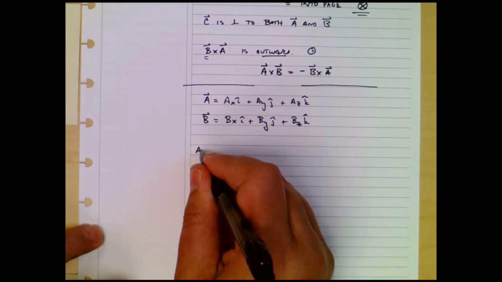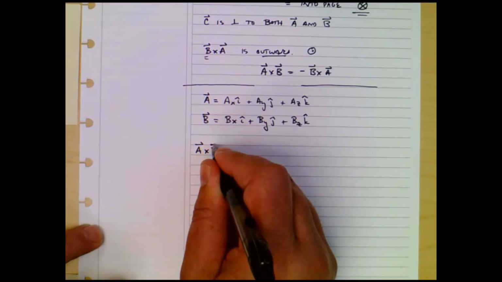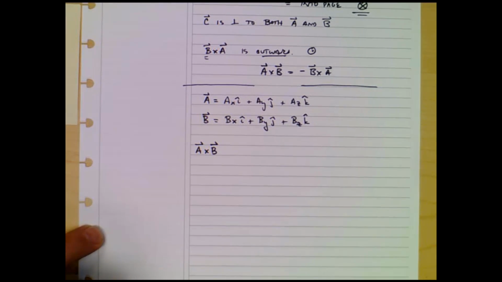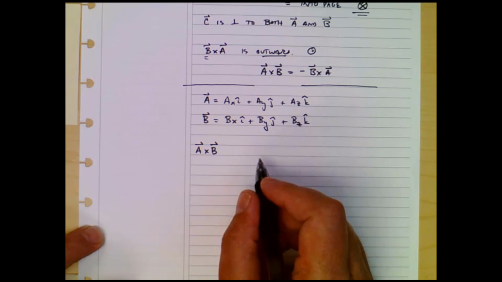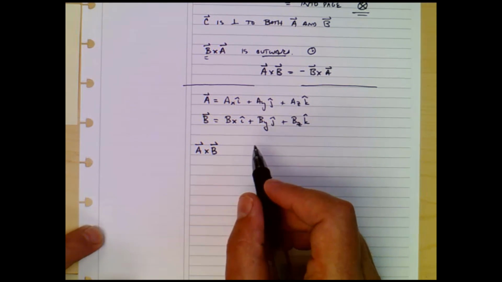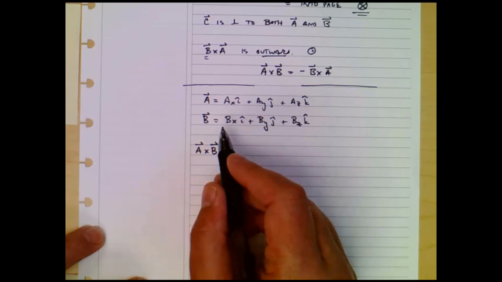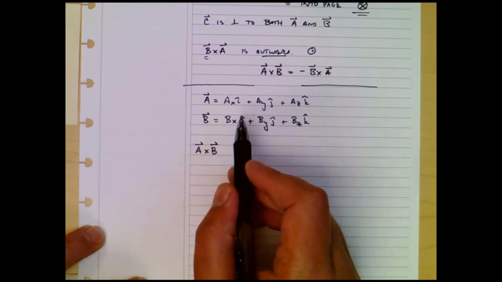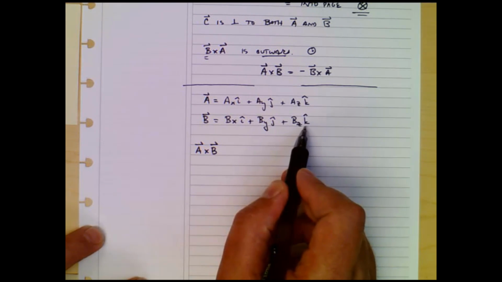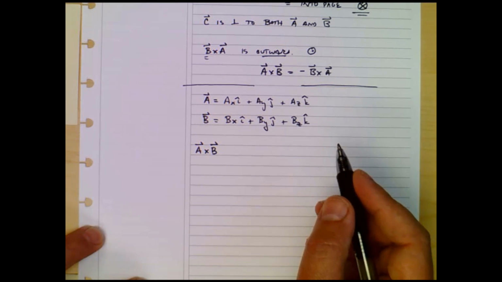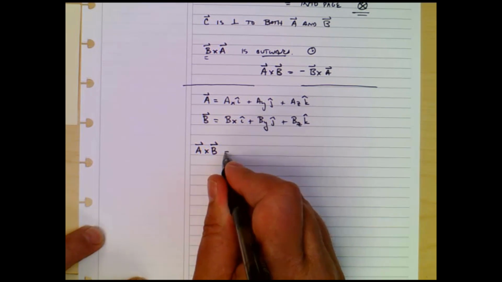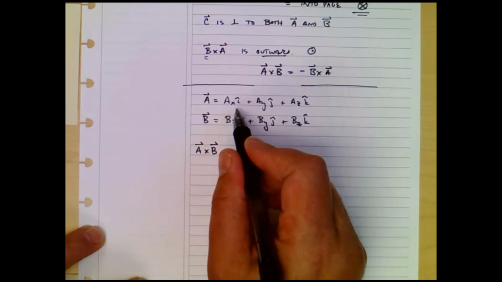And now I want to take the cross product A cross B. Well, it's a bit involved, but I'm going to write it out in this way because there's a lot to be considered here. I've got three terms in each. I'm going to have a total of 9 that I have to deal with. All right, so let's just take them in turn.